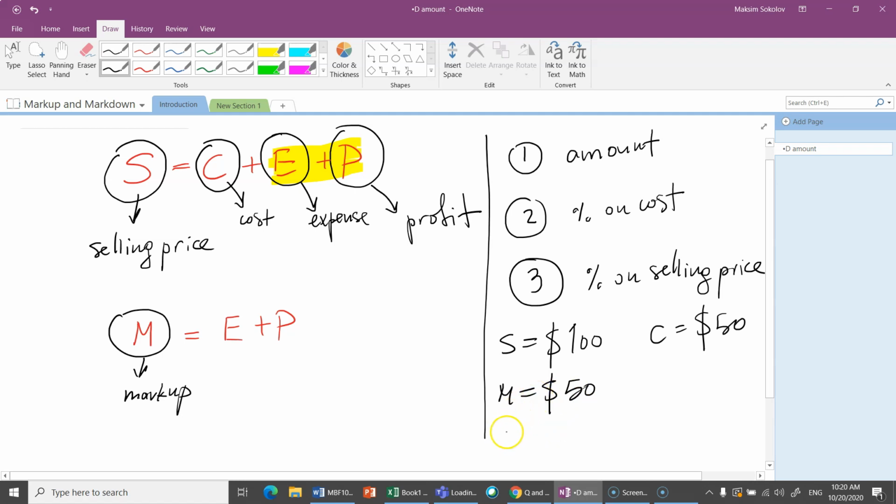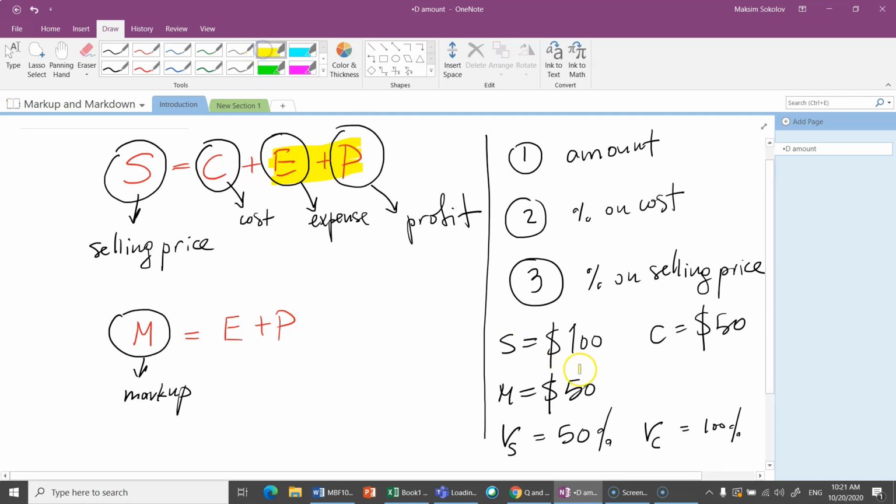As percent, let's call this RS. Markup as a rate on selling price is 50%, because selling price is $100, so markup rate as percent on selling price will be 50%, and markup rate as percent on cost will be 100%.